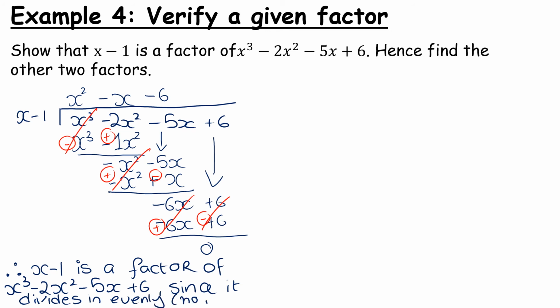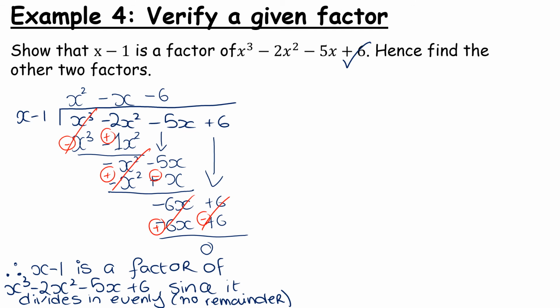And what I mean by that is no remainder. Okay, and it is important that you do that. You need to answer the question. Show that it is a factor. You know, if you're just blindly dividing, they may say, well, you haven't verified, you haven't told us that you understand what you're doing. So show it. Therefore, x minus 1 is a factor of this since it divides in evenly. Okay, so that's the first part done.